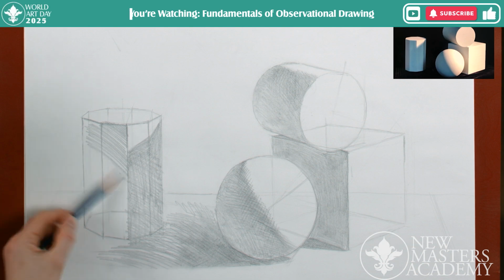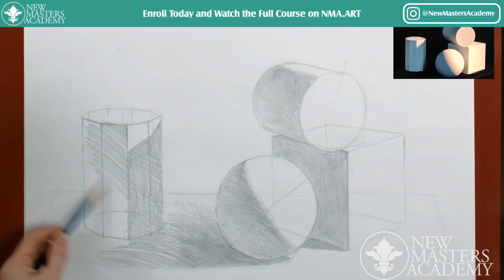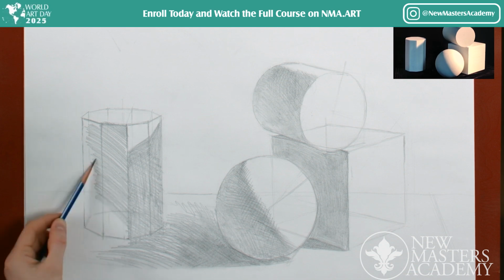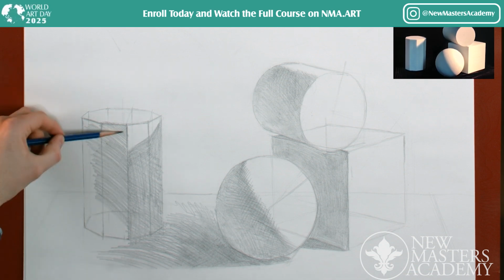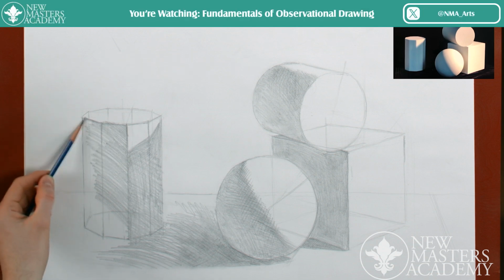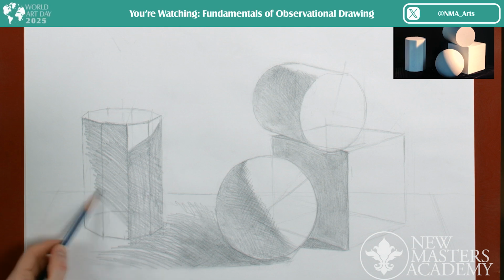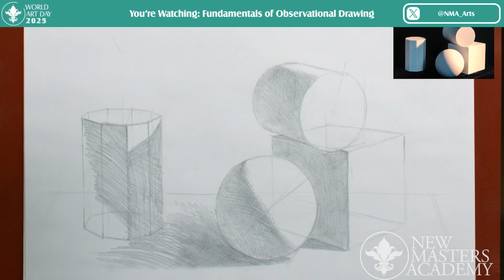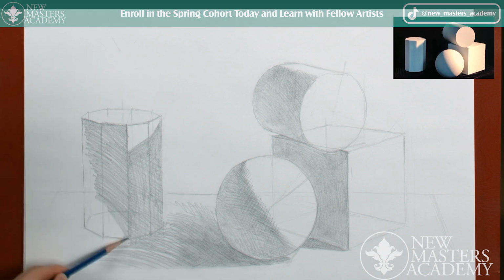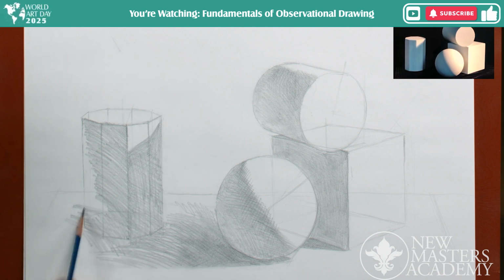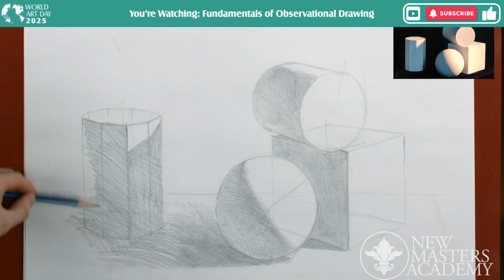Let's just get a nice, flat, even tone, and disregard the variations within the shadow right away. And here, this is all in a cast shadow, so as long as you can still see your lines, we're good.